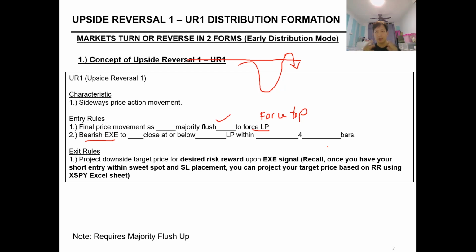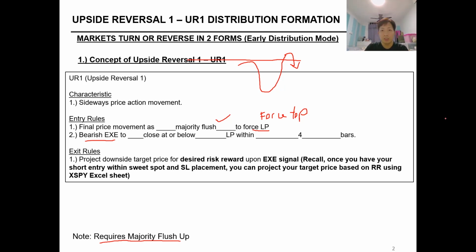In this lesson we mainly focus on recognizing the criteria of the UR1 and DR1. Take note that all reversal structures, UR1 or DR structures, require you to check for this thing called a majority flush.